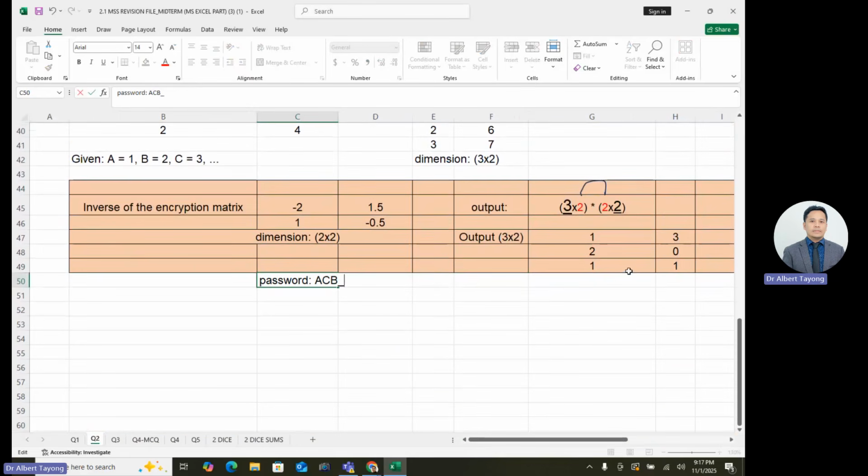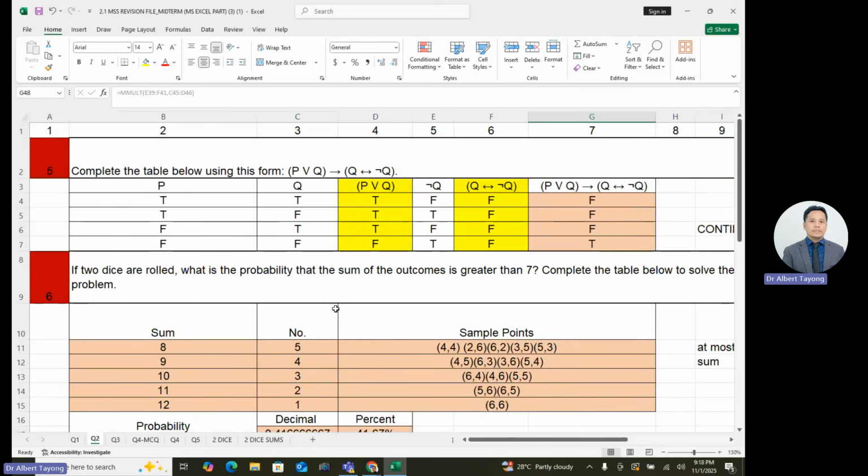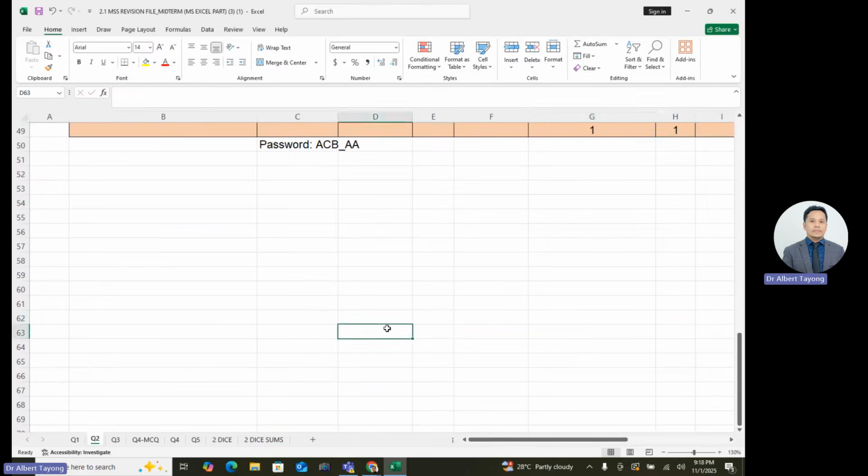So underscore, and we have 1, 1, that's AA. So the password is AC, B underscore AA. Again, 1 is A, 3 is C, 2 is B, and 1, 1, we have AA. Okay, so that's it for these questions in Q2.